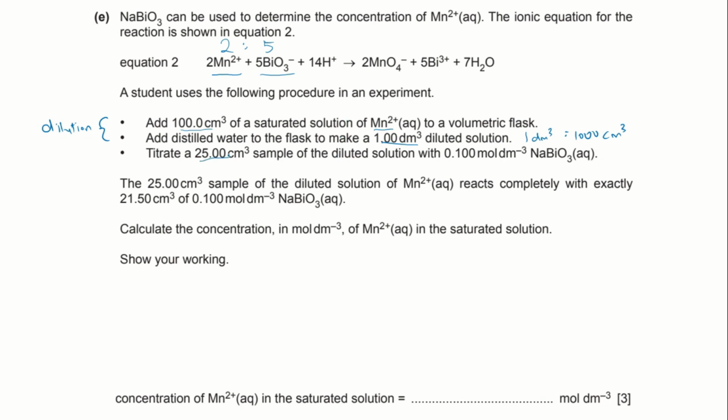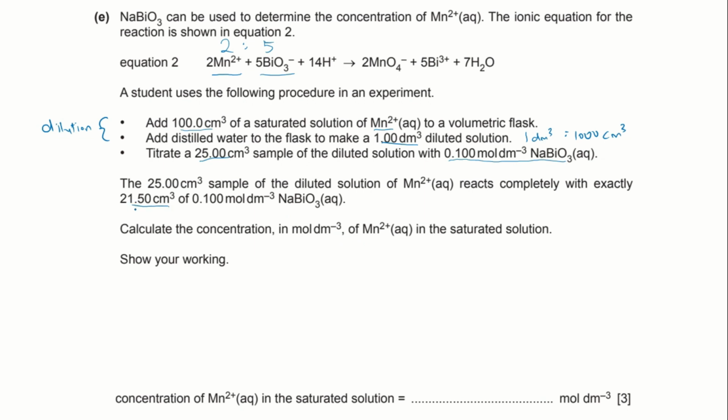After that, 25 centimeter cube of that diluted sample is titrated with a sodium bismuthate solution, 0.100 mole per decimeter cube of concentration. And using this information given, we are supposed to calculate the concentration of manganese in the original solution before dilution.